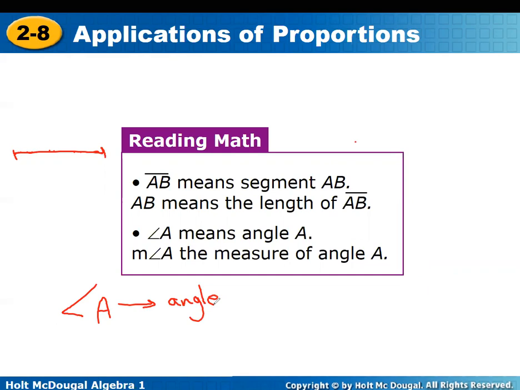But if you want to find the measure, then you have to write measure of angle A, for example, equal 40 degrees. So if you write angle A equal 40 degrees, is this correct or wrong? No, this is wrong.